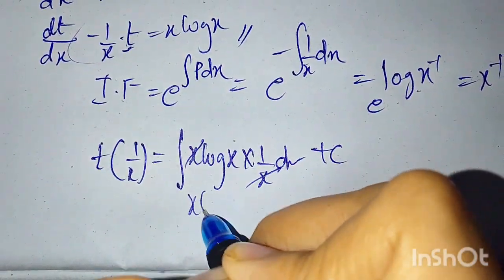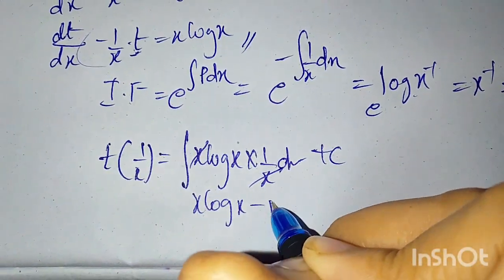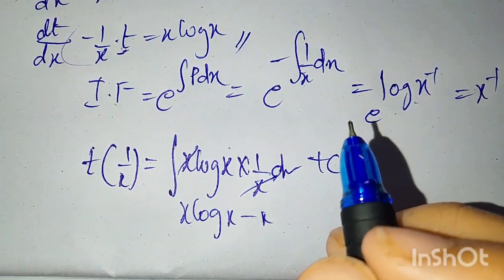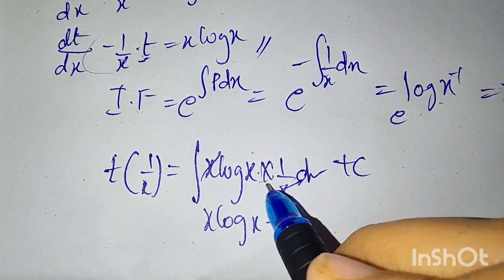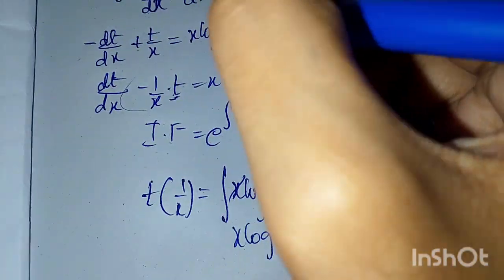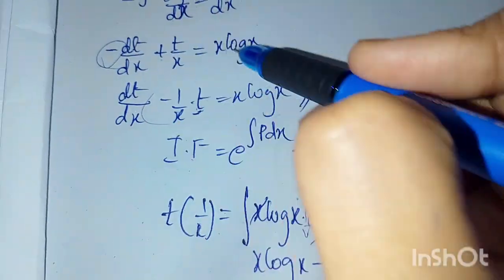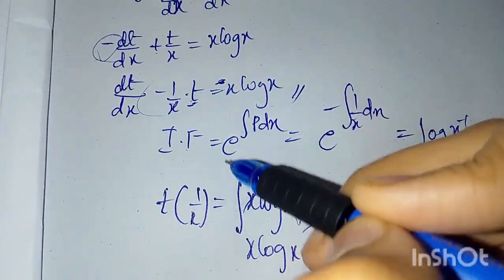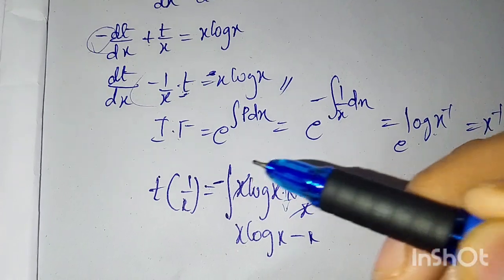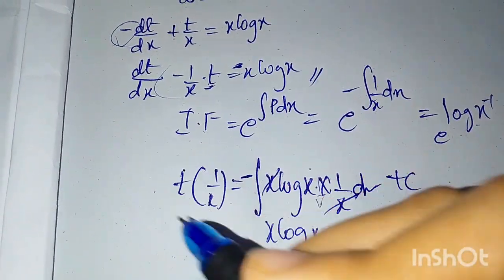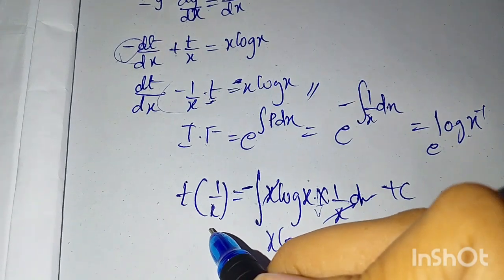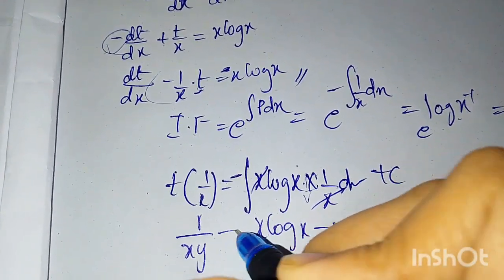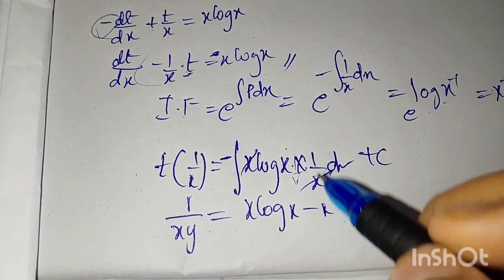If you want, you can apply uv, or you can remember this directly. You take log x as u and 1 as v. Finally, t I have to substitute in the final answer. What is my t? 1 by y. So 1 by x into y is equal to x log x minus x plus c is your final answer.